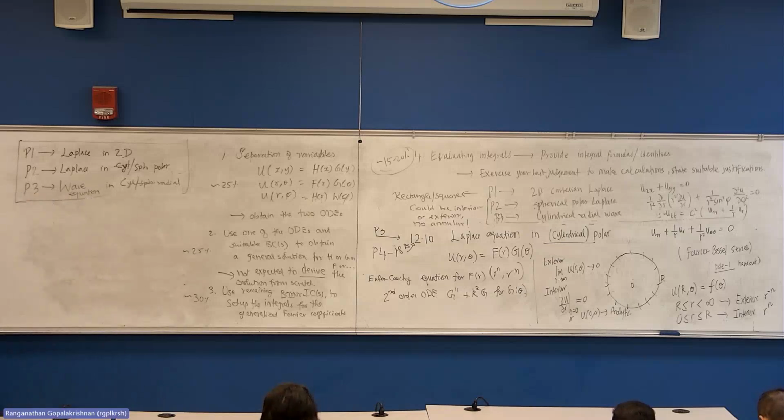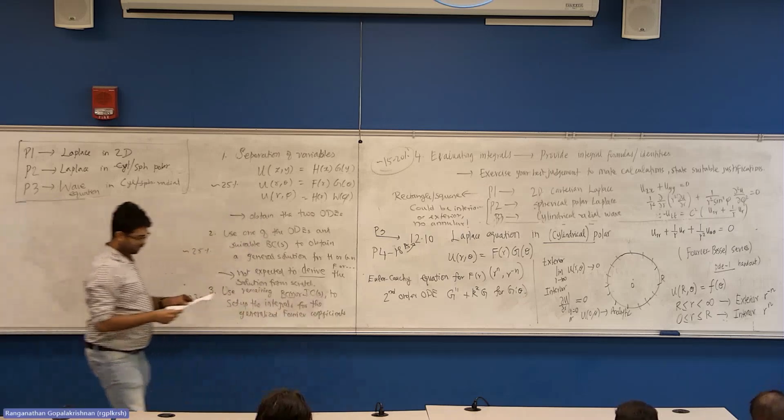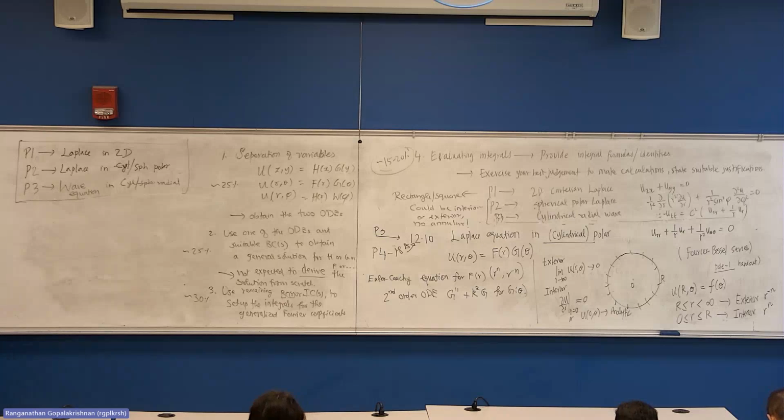This solution process is entirely given in section 12.10. Whatever I'm about to say is already in section 12.10. The only thing I've changed is boundary conditions. Actually, I think I put annular just to make the practice a little bit interesting.